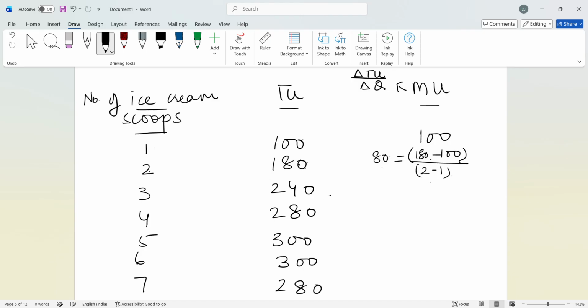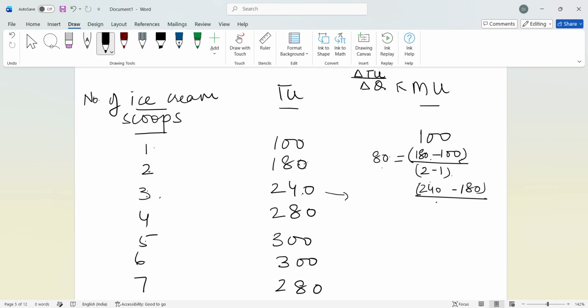All right. Similarly, you calculate for unit 3. So now in this case, it would be 240. Always remember it's the change. So it's the change from the previous one. So it's 240 minus 180, that's the change in total utility you have got for the third unit, divided by 3 minus 2, since you are increasing ice cream scoops only one at a time, right?